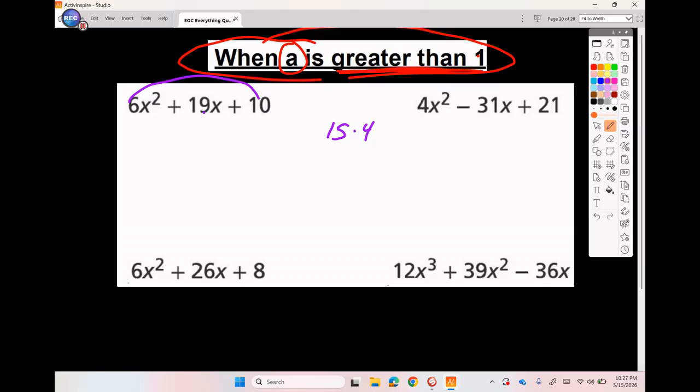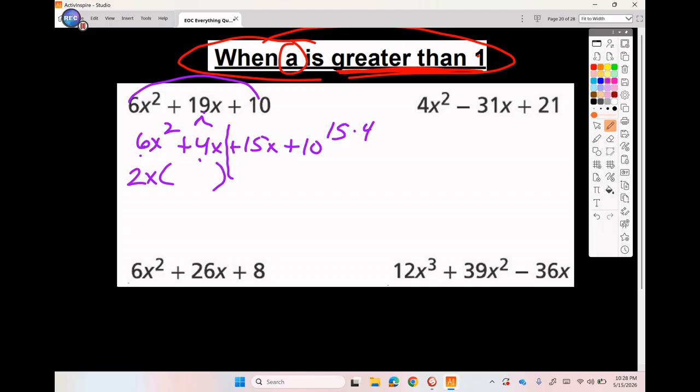So what they want you to do is change 19x to be a 4x plus a 15x instead of what it is over there, which is the same thing because when you collect like terms, it gives you 19x. It's equivalent. But now we can use grouping. What do these two numbers have in common? They're both divisible by 2, and they both have an x.